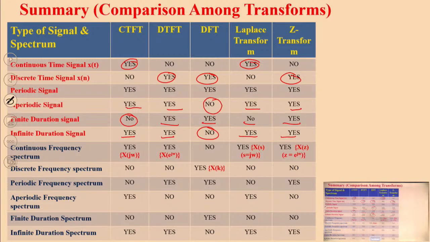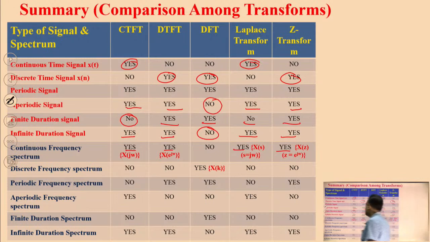Now talking about the frequency spectrum. A continuous frequency spectrum you have seen in case of CTFT yes, in case of DTFT yes, both are continuous, in case of Laplace transform yes, in case of Z-transform yes. Here the spectrum comes when we assume that from the Laplace transform we put s equals j omega, or z equals e to the power j omega; otherwise the spectrum comes in this case only.